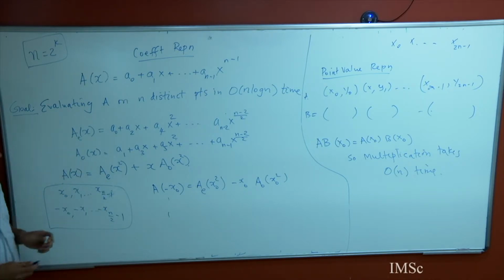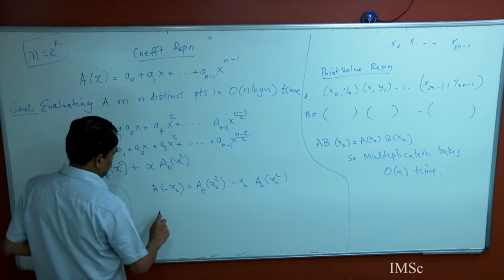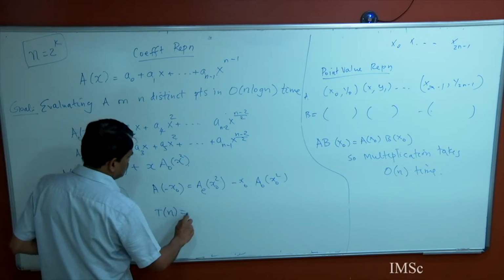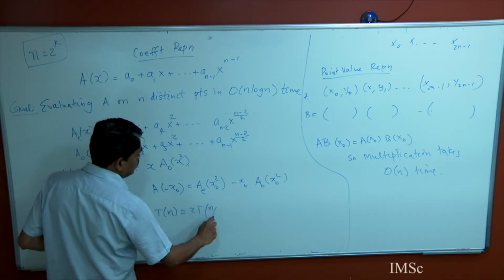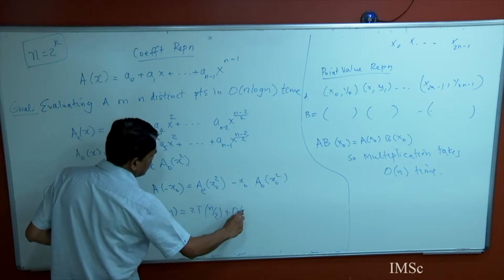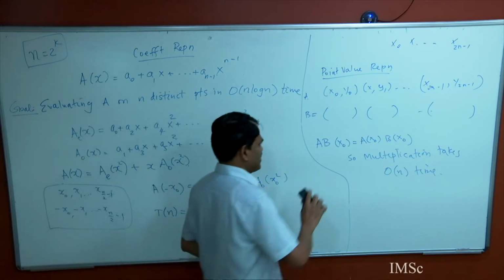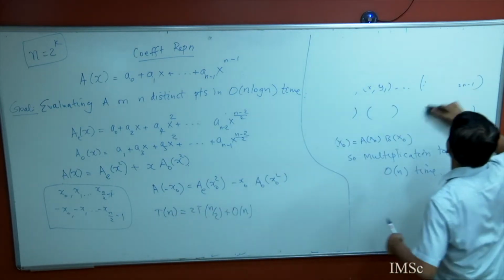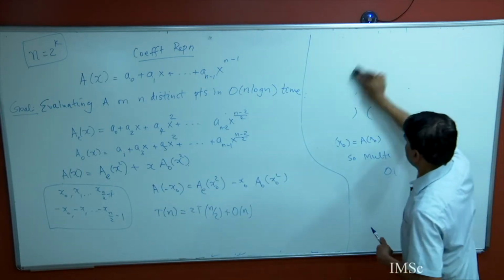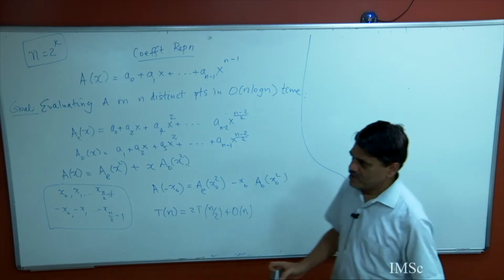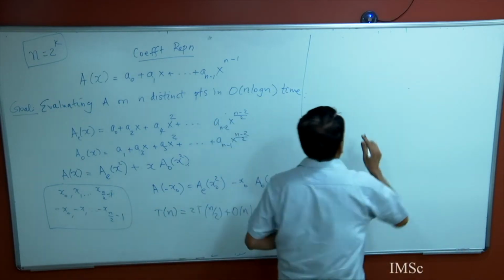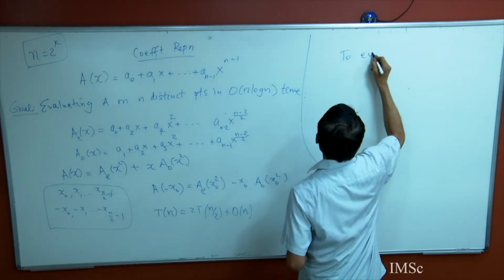So, I claim my T of n is 2 T of n by 2 plus order n. I am not done yet, by the way, I am just tricking you. I want to see who gets the issue. But what I am saying is, here is my entire algorithm.